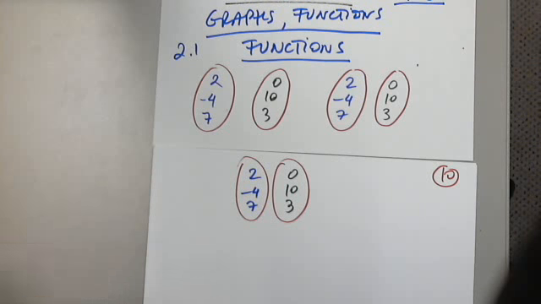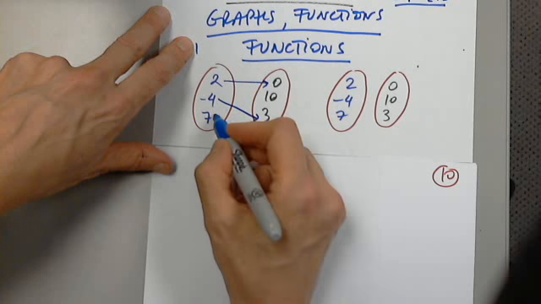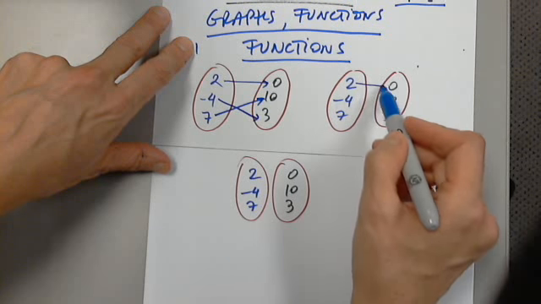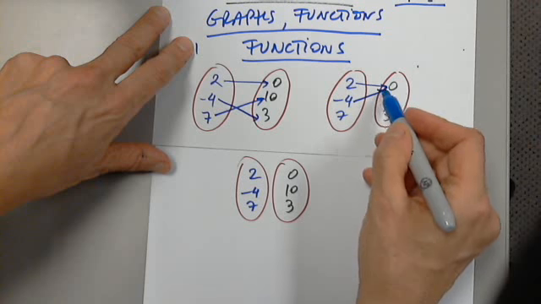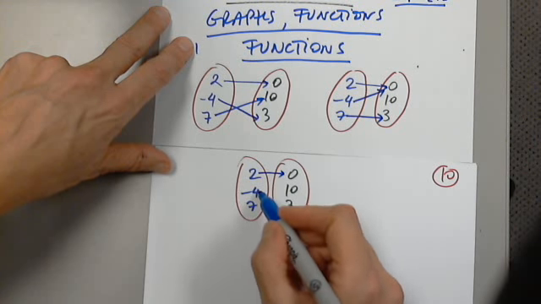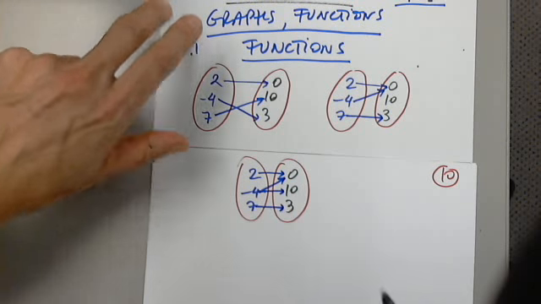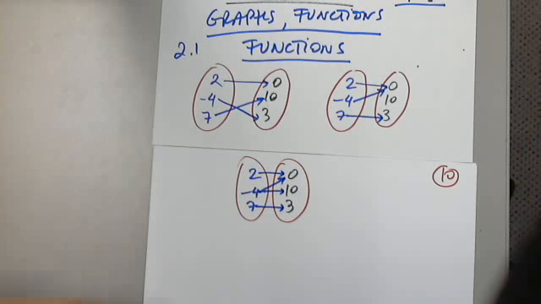Now I'm going to connect numbers from the first bubble to numbers from the second bubble. I'm going to do this. So what I did here is just connected them the way I wanted them to be connected.